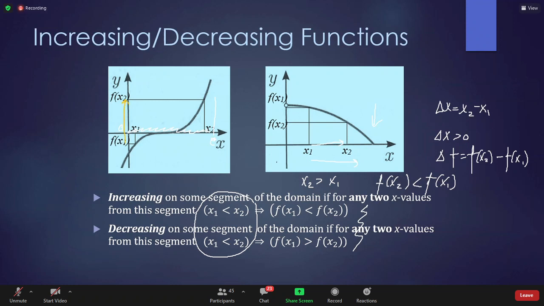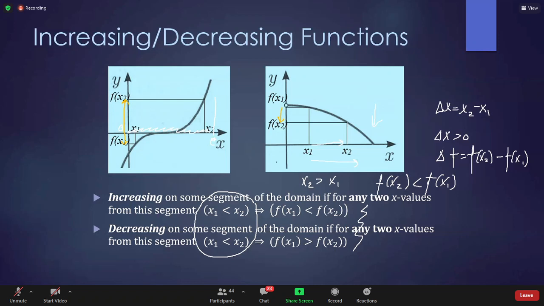So what is the total increase of the function? And it's positive because the function increases. In the second case, the delta f will be negative because we subtract a greater value of the function from a smaller one. So in the second case, the delta of the function, the difference, the increase, or we call it the increment of the function, is negative.